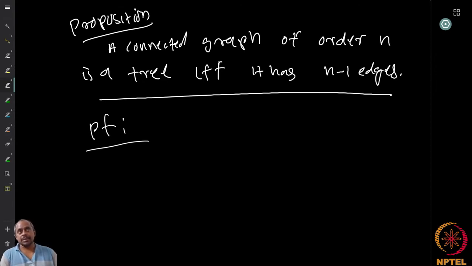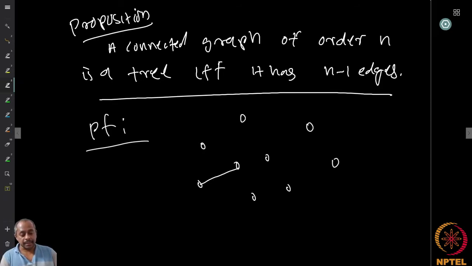Because it is a tree, of course we know that it is connected, right? Now let us take an n-vertex empty graph without any edges, and then add edges one by one. Now, what happens when I add an edge?